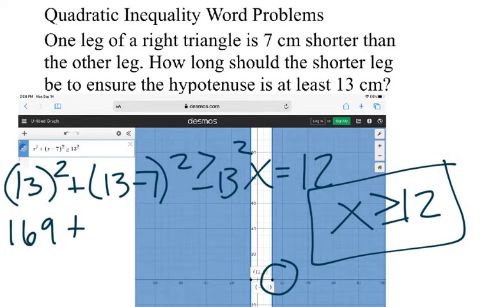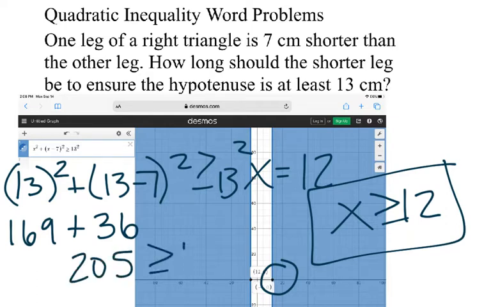And then 13 minus 7 is 6. 6 squared is 36. 169 plus 36 is 205. Greater than or equal to 13 squared is 169. So that does turn out to be a true statement. So any number I pick that is greater than or equal to 12 for the shorter leg would ensure the hypotenuse is at least 13 centimeters.